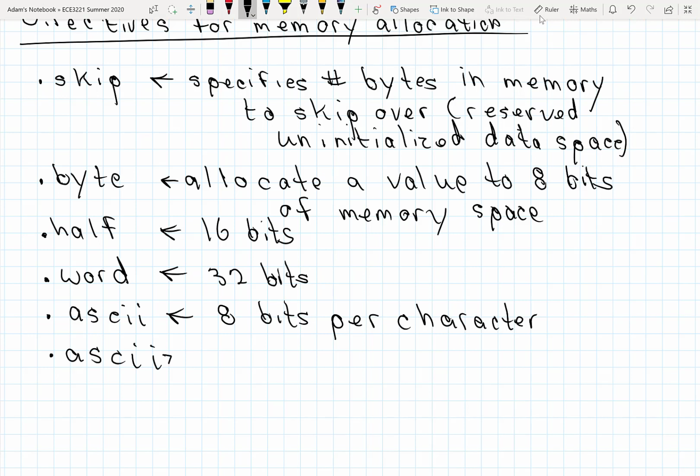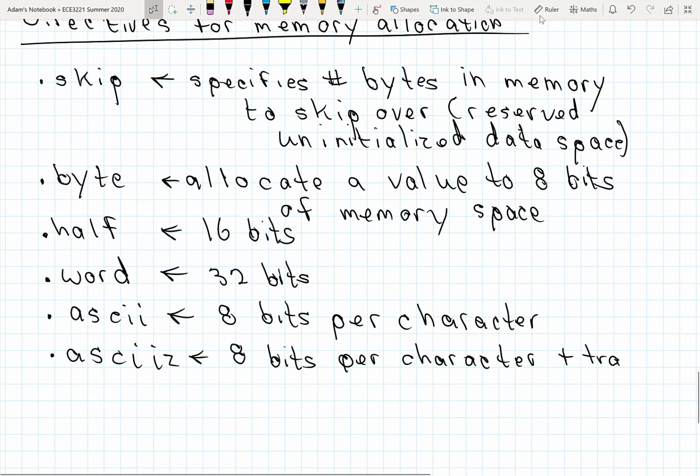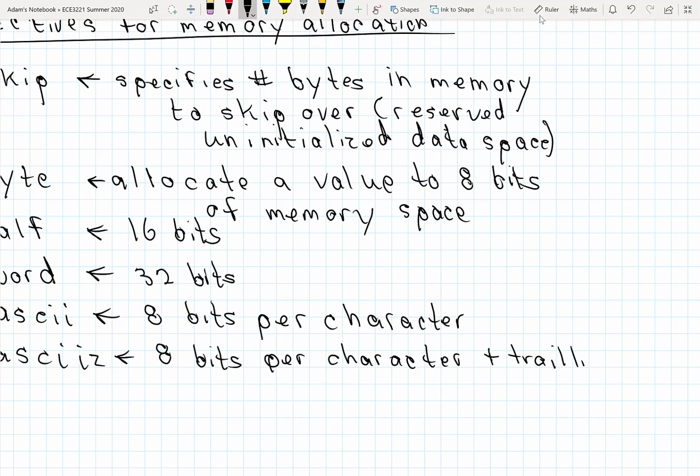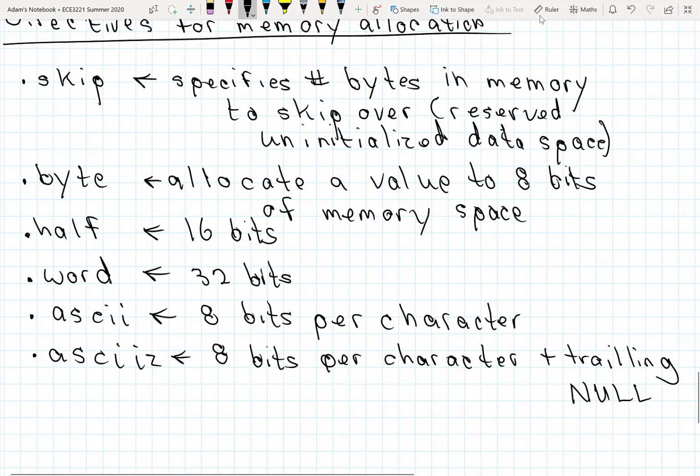And we can use the .asciz directive to allocate 8 bits per character, but additionally, and this is what differentiates .asciz from .ascii, it ends with a trailing null character, a value of 0 in that final byte.